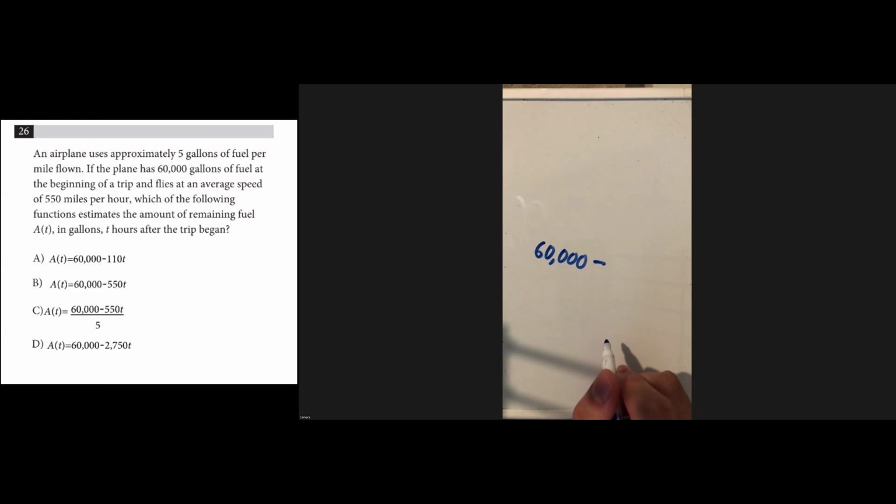Then it says it flies at an average speed of 550 miles an hour, and it uses 5 gallons of fuel per mile flown. So you do 550 times 5, which is 2,750. And that's every time interval. That is our answer, which is answer choice D.